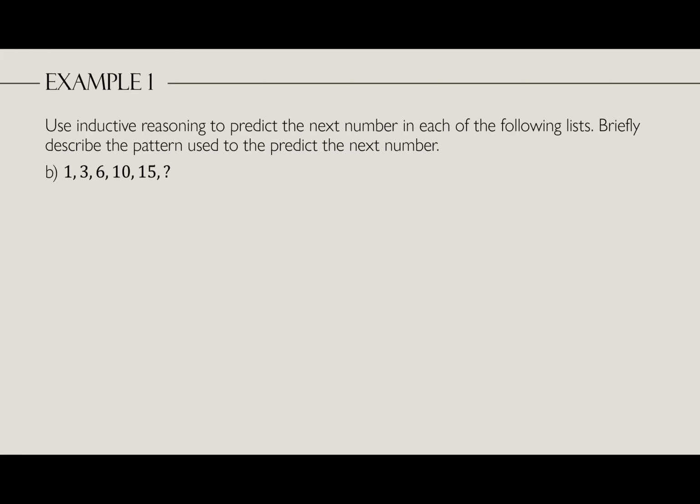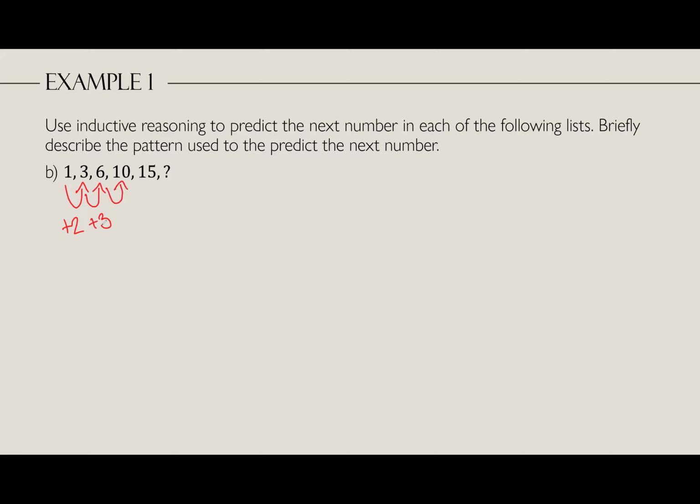To help me figure this out, let's see what's the difference between each of my values. Going from 1 to 3, that's plus 2. What about 3 to 6? The difference is plus 3.